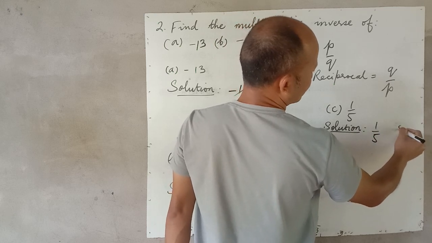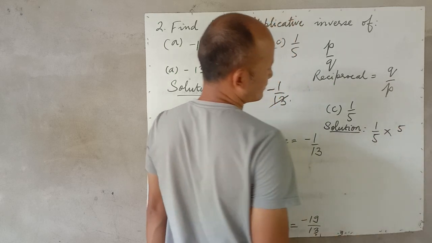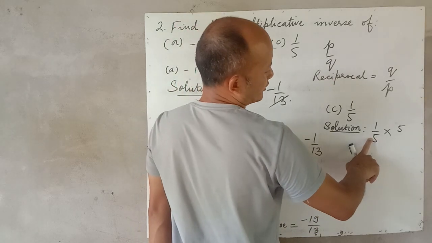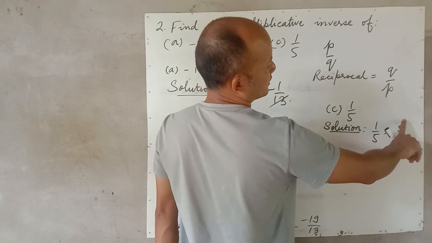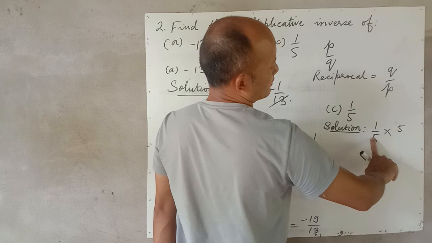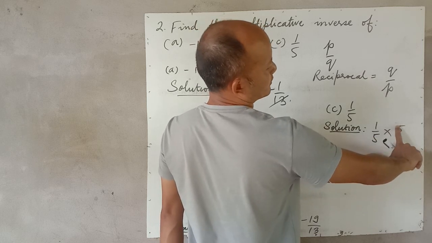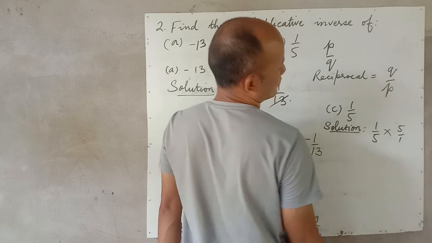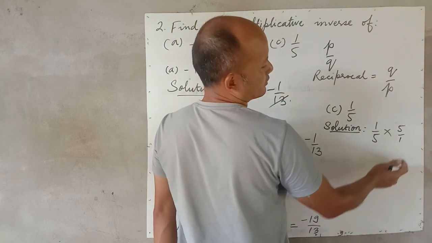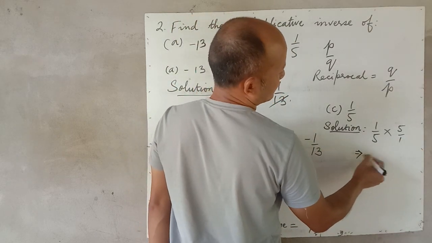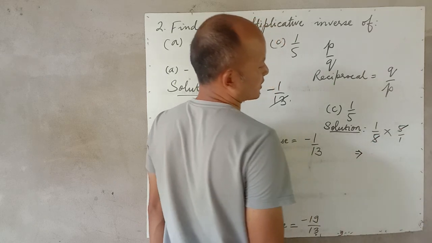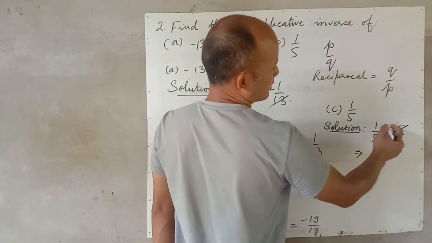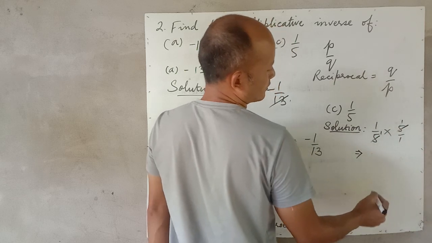And here, the denominator in the multiplicative inverse value will be in the upper side, the numerator side, and the numerator will be coming down in the denominator side. Now 5 and 5 we can cut, and 1 is 1 and 1 and 1.